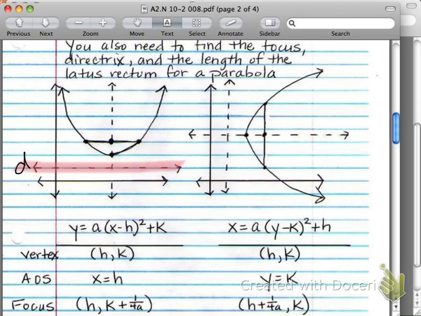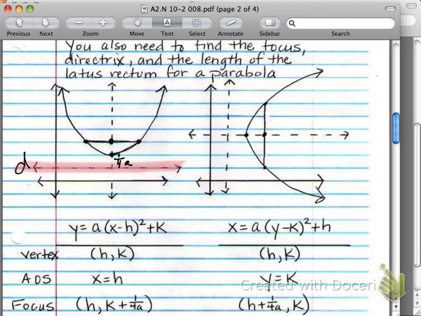Now, one of the things that some of you should have been copying down was the distance here. What is the distance from the directrix to the vertex? It's 1 over 4a.